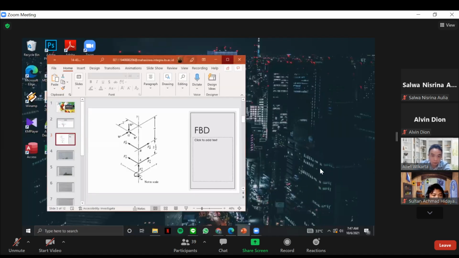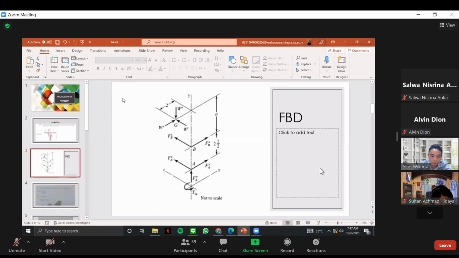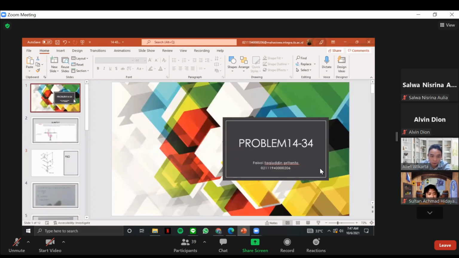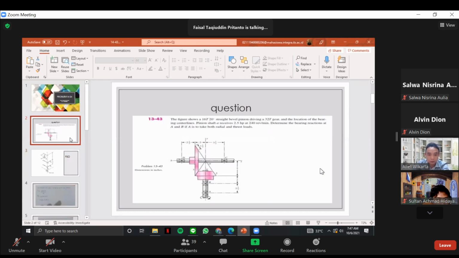Okay. Today I want to explain about problem 14-34. The question is: the figure shows a 16T straight bevel pinion driving a 32T gear and the location of the bearings.